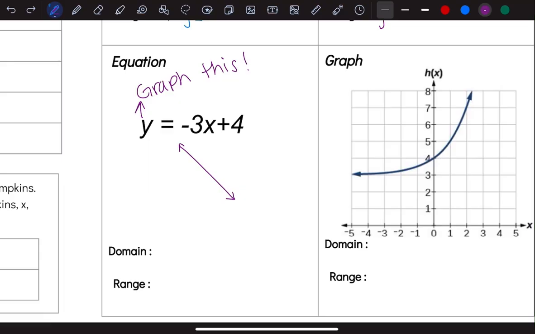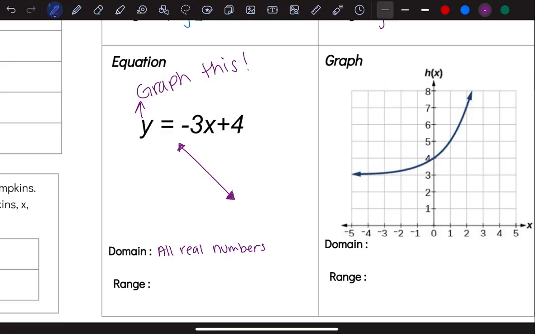So since this line continues forever left and forever right, that means our domain, which is our x values, is going to be all real numbers. And our function also continues forever up and forever down.